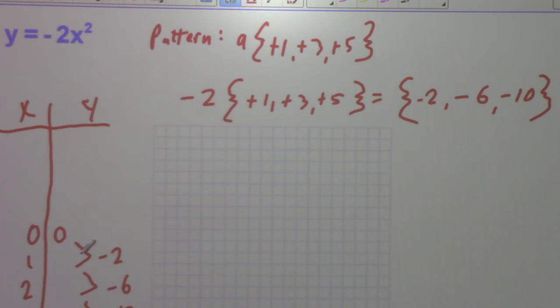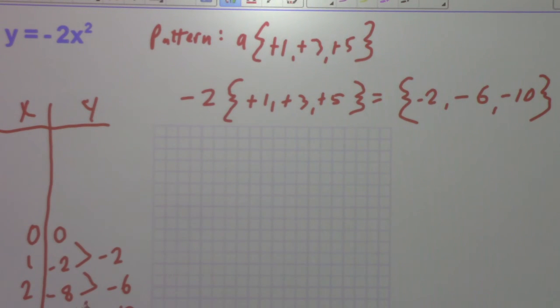So what's 0 minus 2? Negative 2. Negative 2 minus 6? Negative 8. And what's negative 8 minus 10? Negative 18.